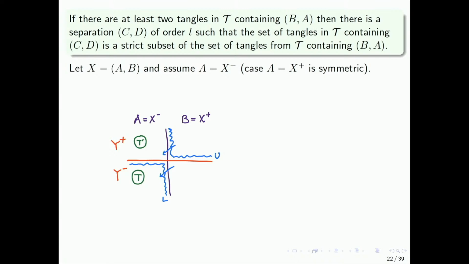And we know that the A part contains at least two tangles. Because of the assumption that any two tangles in the set T are distinguishable, there is some separation Y distinguishing these two tangles T and T prime. So just assign T here and T prime there.